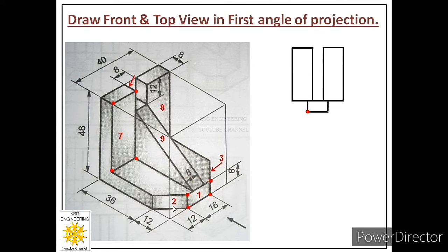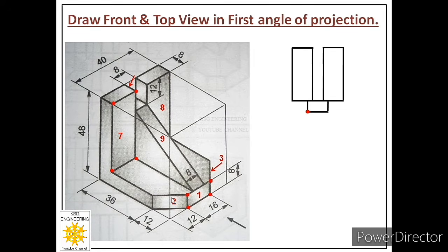So if you look at this face 2 from front, you can see one ray of sight will strike at this point, and the second ray of sight will strike at that point. So the distance between those two rays of sight will be visible from front. That distance over here is 12 millimeters.